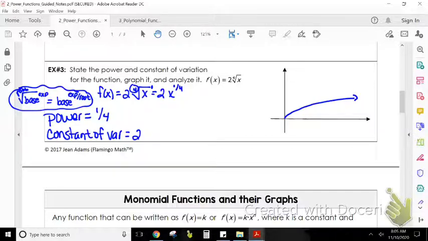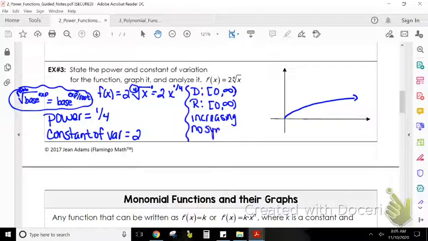All right, and then it said to analyze it. So let's just go through some of the stuff we talked about way back in chapter 1. So we can look at it and we see that the domain is from 0 to infinity. The range is also 0 to infinity. We can see that it's going up, so it's increasing. It has no symmetry. Nothing splits it in half, can't lie on top of itself.